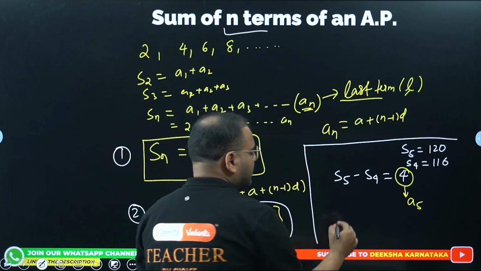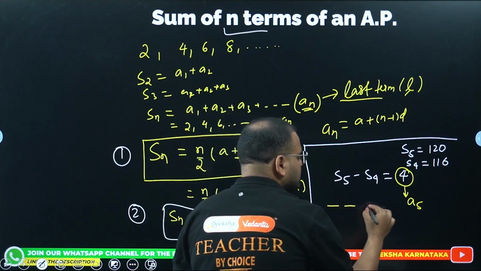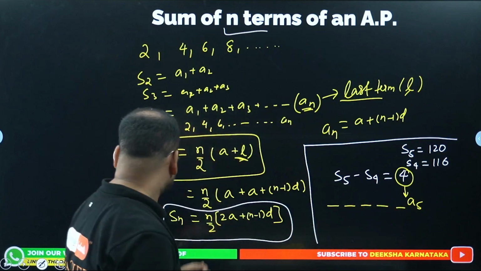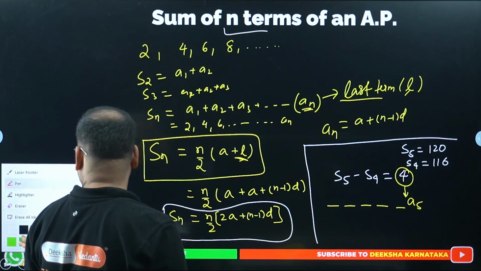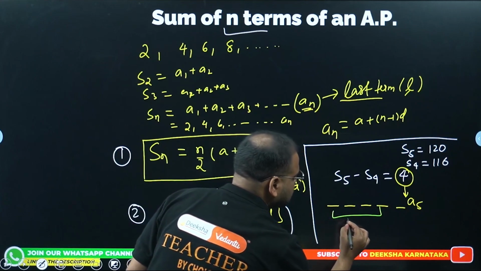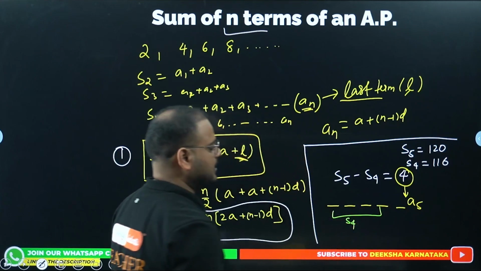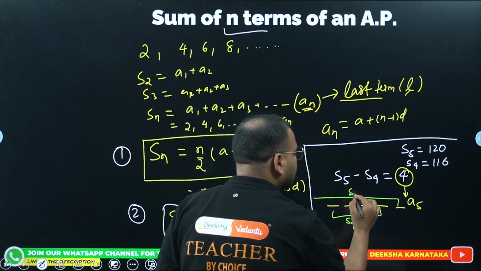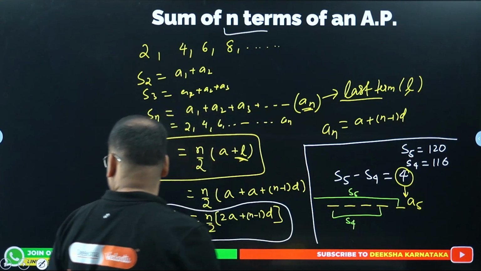Check it out here. If I have 5 terms written here like this, 1, 2, 3, 4, 5, then sum of 4 terms means this, and sum of 5 terms means this.